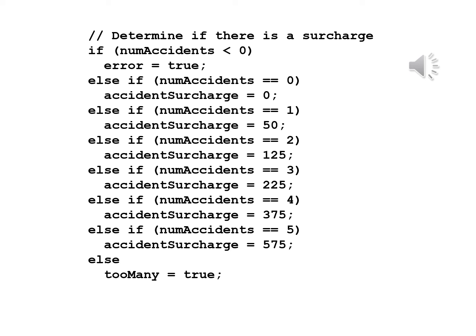Else if numAccidents equals 3, accidentSurcharge = 225. Else if numAccidents equals 4, accidentSurcharge = 375. Else if numAccidents equals 5, accidentSurcharge = 575, else tooMany = true.